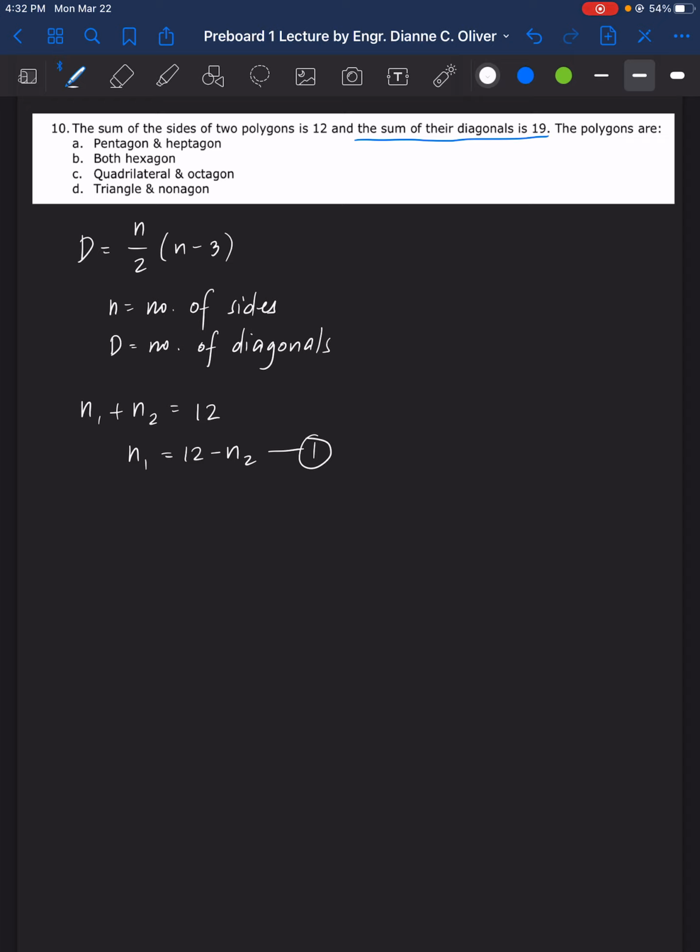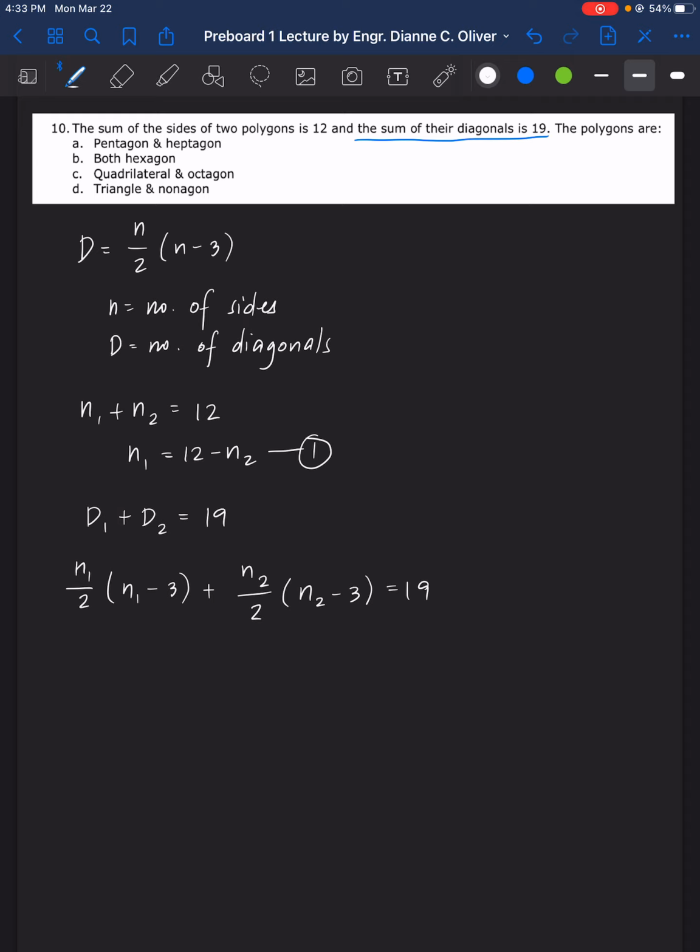So that means d1 plus d2 is equal to 19. Then, using the formula, we have n1 over 2 times n1 minus 3 plus n2 over 2 times n2 minus 3 is equal to 19.